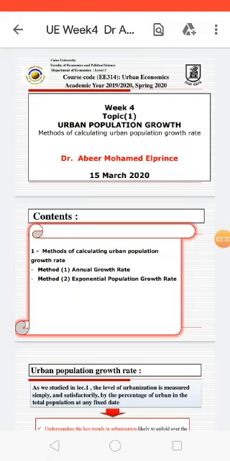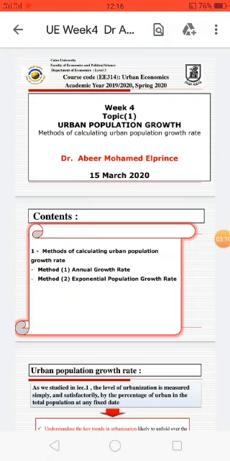If some area is converted from rural to urban, the urban population will increase. Number 3, the economic factors can increase the urban population by positive net migration to urban areas. So urban population will increase due to 3 factors: demographic, administrative, and economic.